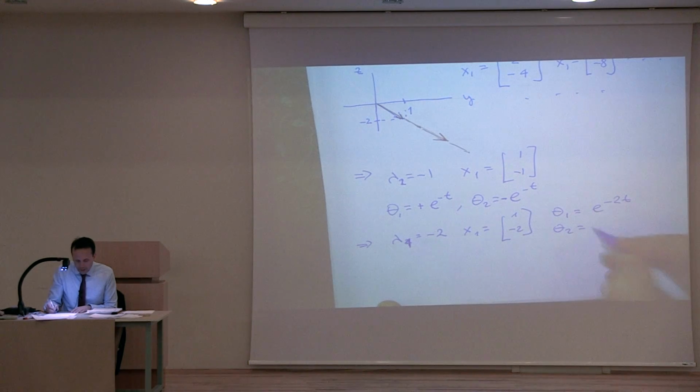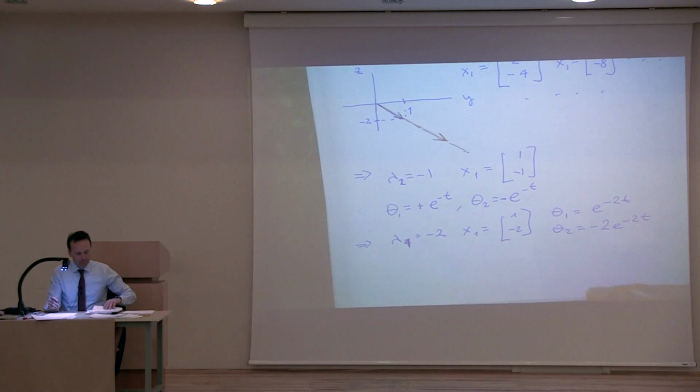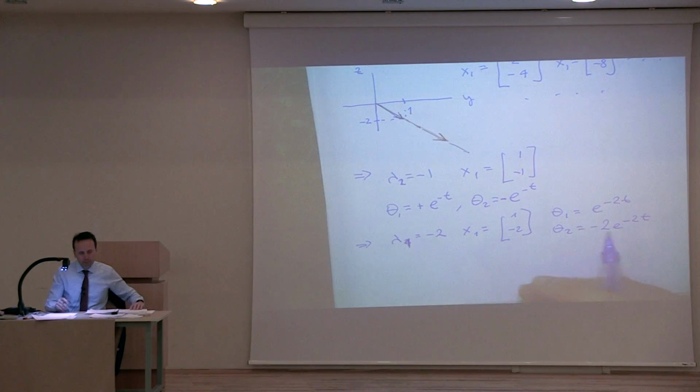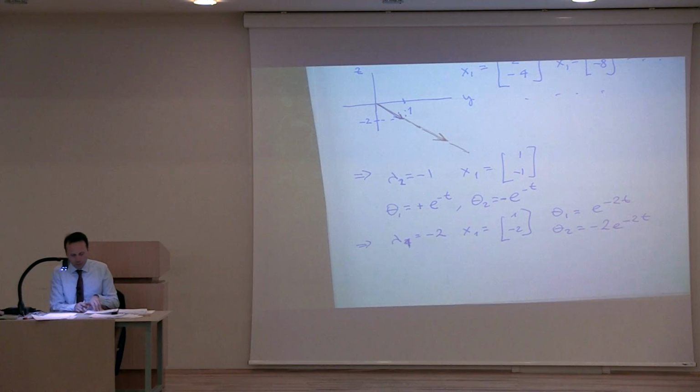And theta 2 is equal to x2 e to the power minus 2t. So, 2 equations, 2 solutions. So which one is the solution? Is it both of them or is it one of them? Because I just found 2 solutions. Which one is it?